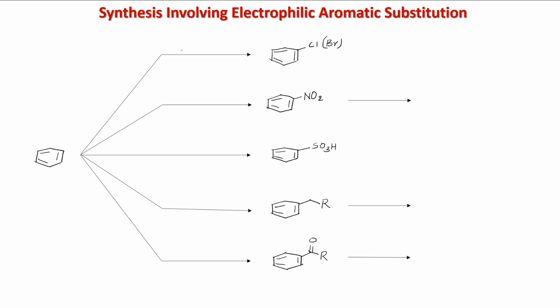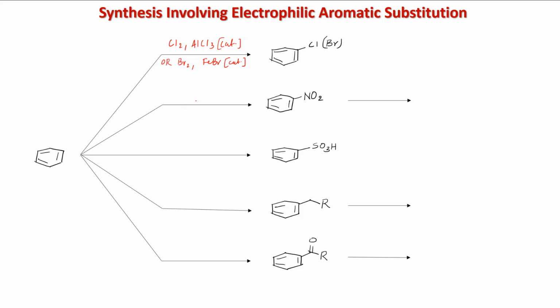And as we know, such a synthesis can be accomplished using chlorine with aluminum trichloride as a catalyst if we are trying to make chlorobenzene, or we could use Br2 with FeBr3 as a catalyst if we want to make the bromobenzene.